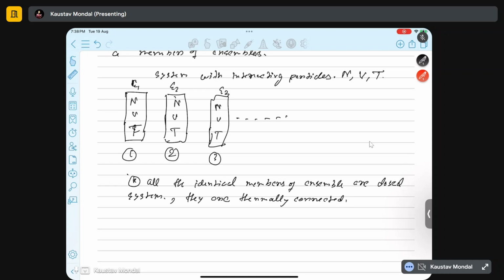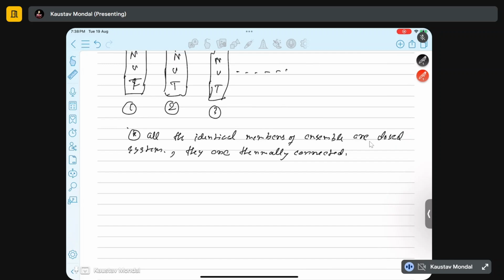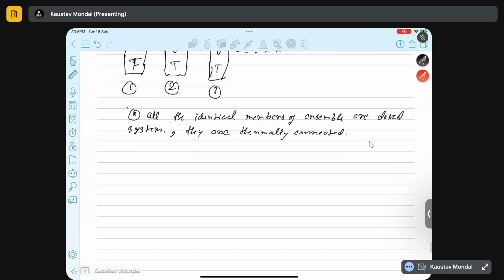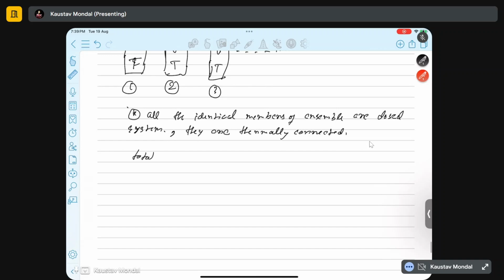Okay, so let me first clarify the notation. The total number of particles is N. The total number of ensembles we denote as N tilde.